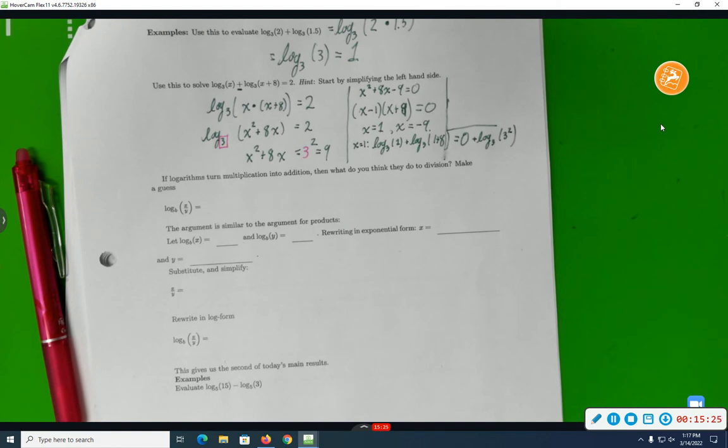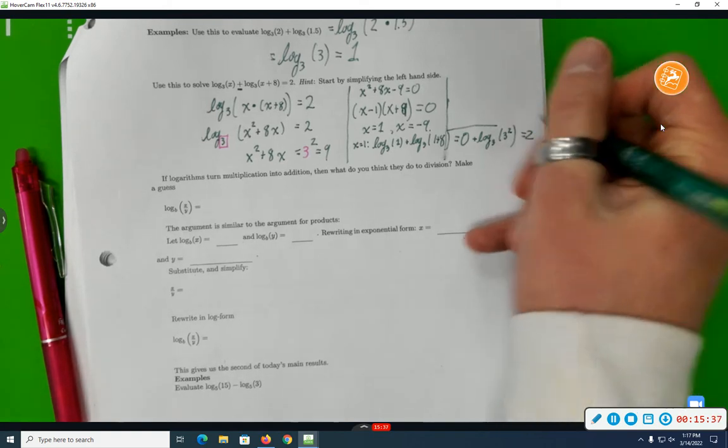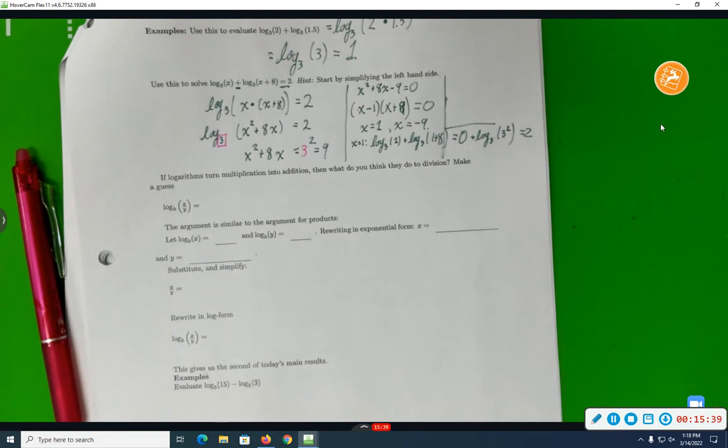So remember, logs undo exponentials. So the log base 3 and the 3 to the power will undo each other, leaving you with 2. So the whole thing is 2. Is that what it's supposed to be? Nice. That's good. Let's plug in x equal to -9 and see what happens.